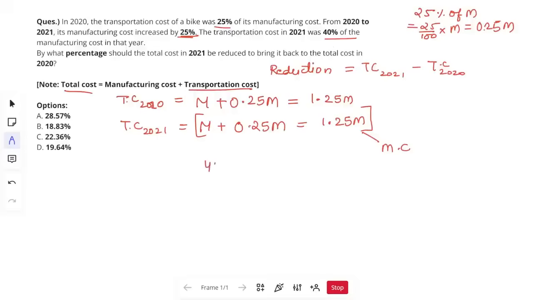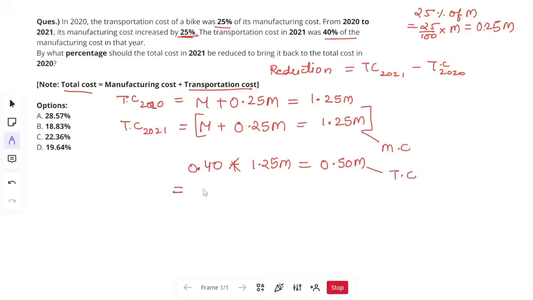So 40% can be written as 0.40 times the new manufacturing cost, which is 1.25 M. 40% of 1.25 is going to give us 0.50 M. Now this is the transportation cost.